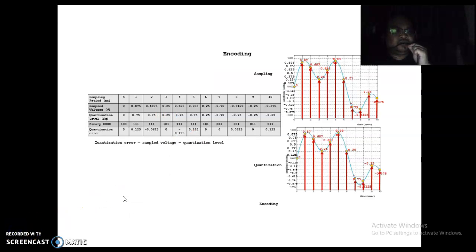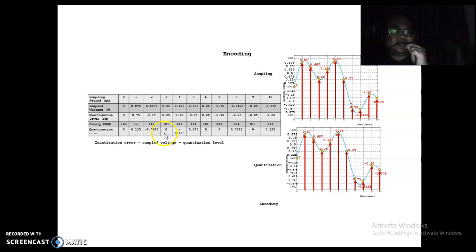So to finally illustrate the 3 steps, we have quantization error. The quantization error is the sampled voltage minus the quantization level, because when you are getting the sampled voltage, that's the exact voltage that falls in your sampling.